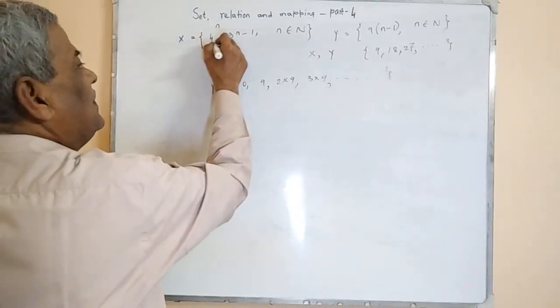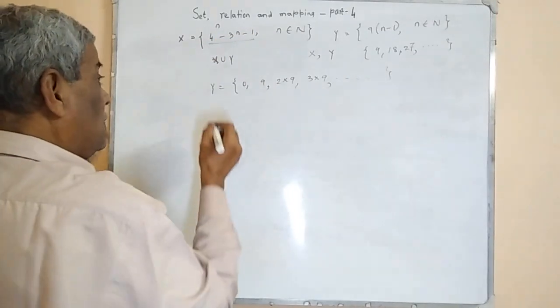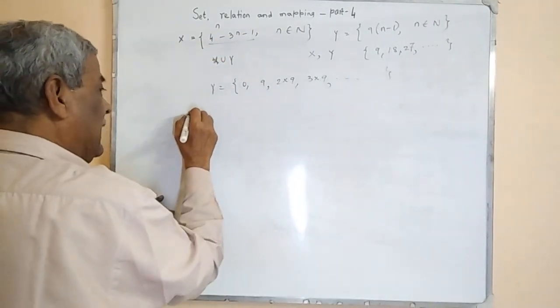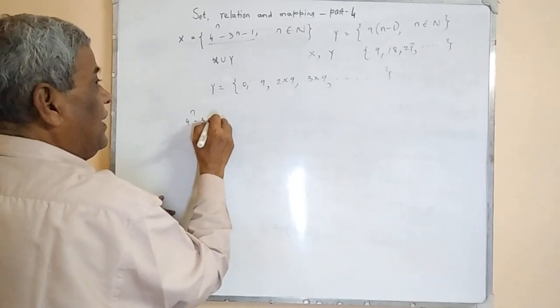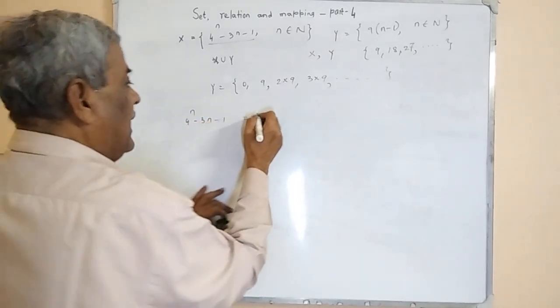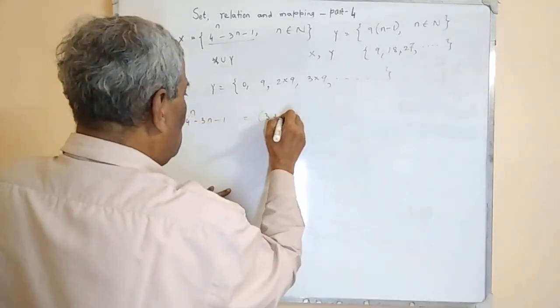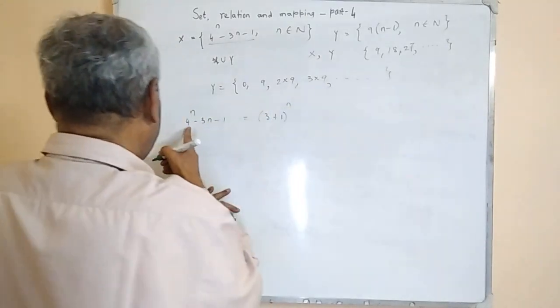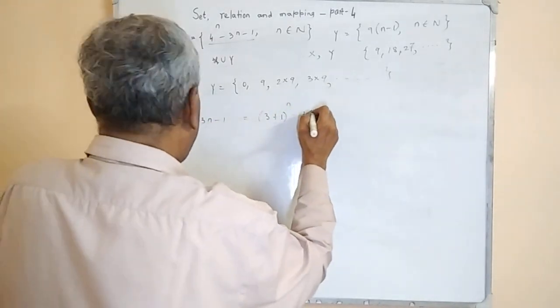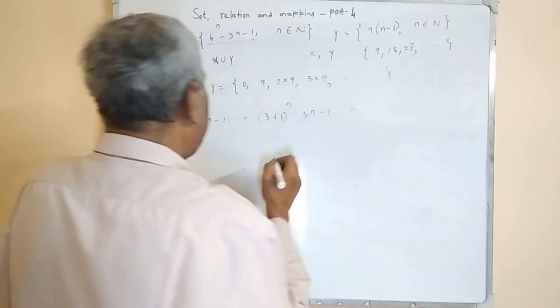And you see, this 4 to the power n minus 3n minus 1 can be written as (3 plus 1) to the power n minus 3n minus 1.